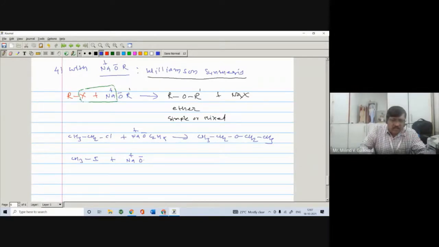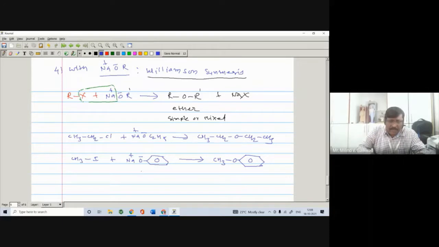Both are different, and when they undergo reaction, there is a formation of CH3, here is the O, and here is your benzene nucleus. So methoxybenzene, or anisole. It is called methoxybenzene or anisole. So in this way you can write a number of examples. You can get a simple ether and also a mixed ether.